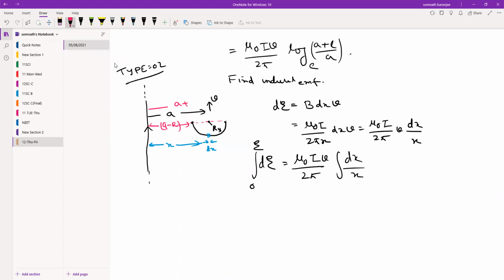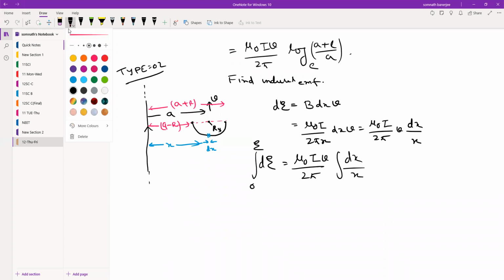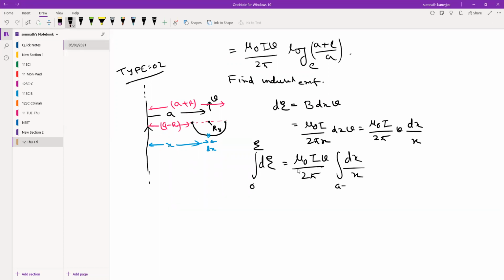So A plus R is my upper limit. So my lower limit is A minus R and upper limit is A plus R. Everyone understood? Yes, sir. So my induced EMF is mu naught I V by 2 pi.